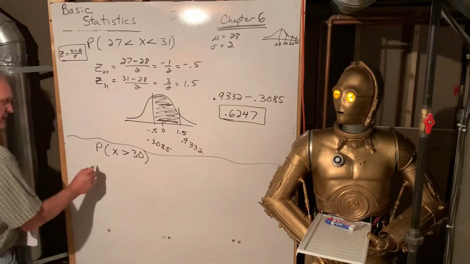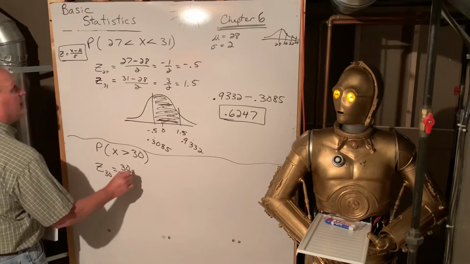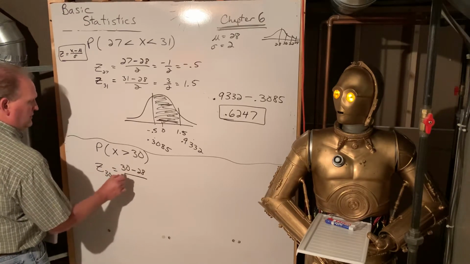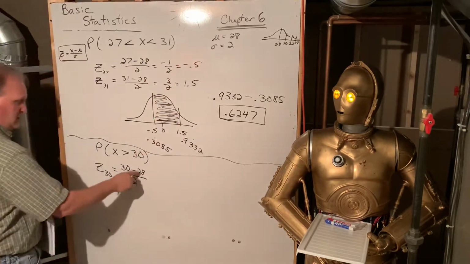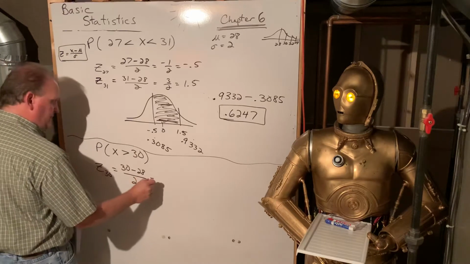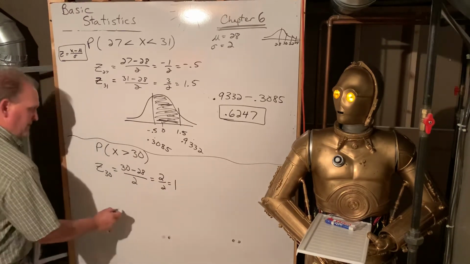Again, we're going to find the z-score for 30. That's going to be 30 minus 28 over 2. They provided us with the mean and the standard deviation; we're just plugging them into the formula. So that's 2 over 2, that's 1 standard deviation above the mean.